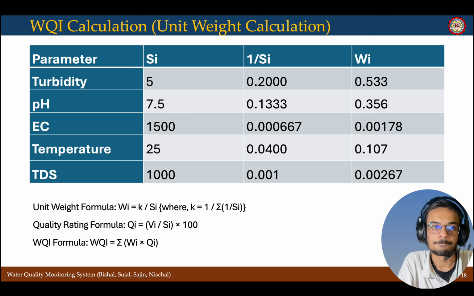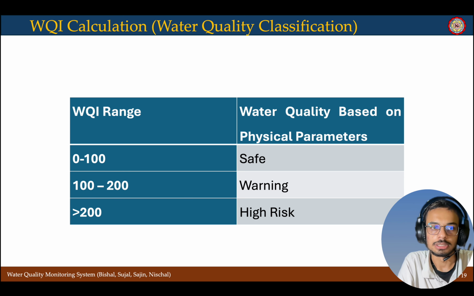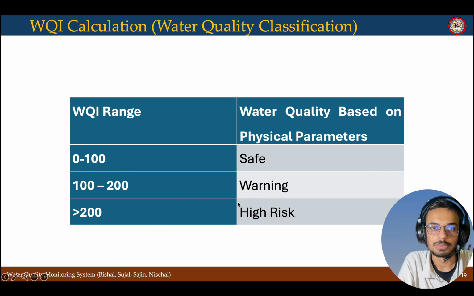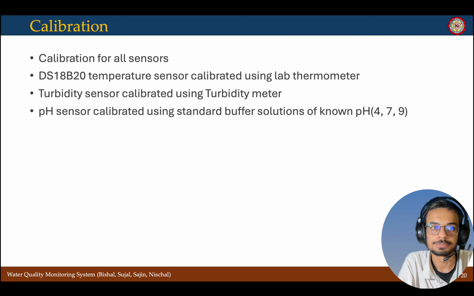We have given the turbidity, pH, EC, temperature, and TDS values. A value from 0 to 100 gives safe water quality, 100 to 200 WQI gives a warning, and greater than 200 gives high risk. And this is the calculation: the unit weight formula, quality rating formula, and WQI formula. With the help of this, we can calculate the WQI for the water.